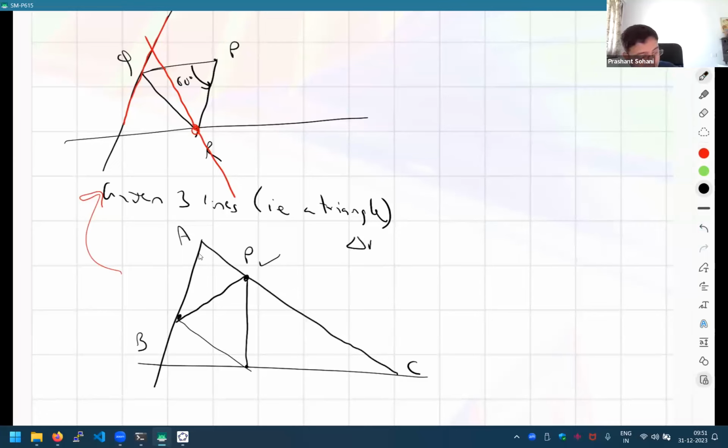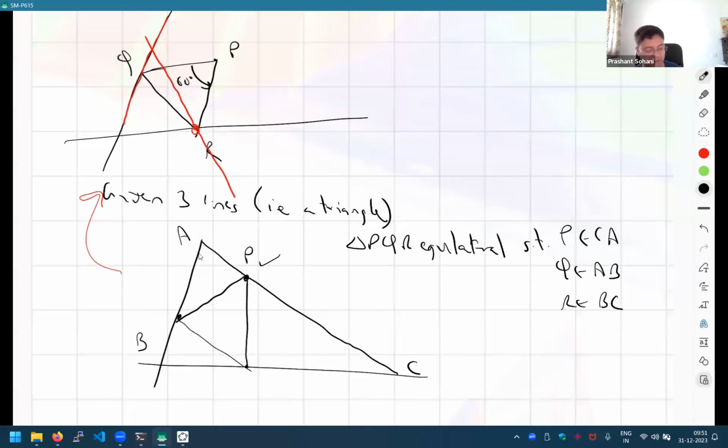Like if I want PQR equilateral such that P lies on CA, Q lies on AB, and R lies on BC, then this has infinitely many solutions, because as you vary the point P on the line AC, you'll keep on getting different triangles.